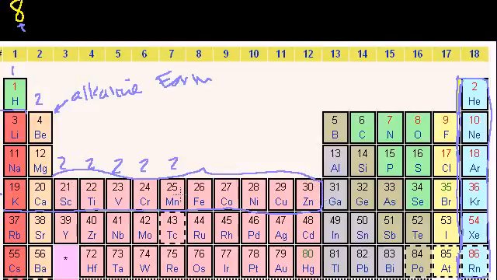And these elements are just backfilling their 3d subshell. So these all have 2 outermost electrons. So all of these, like the alkaline earth metals, need to lose 2 electrons in order to, quote unquote, be happy.